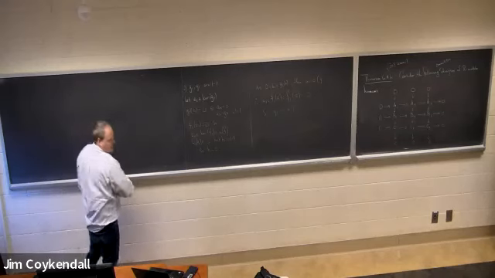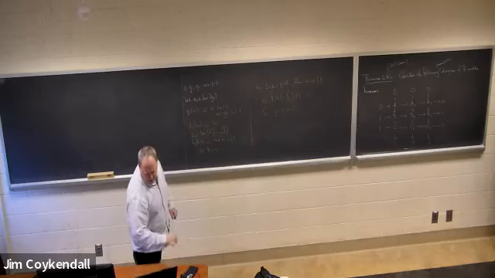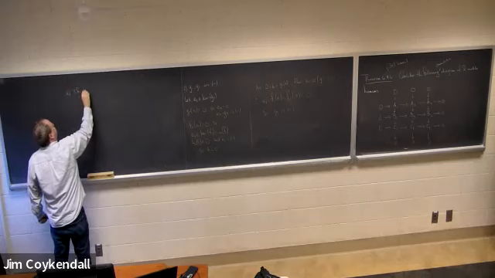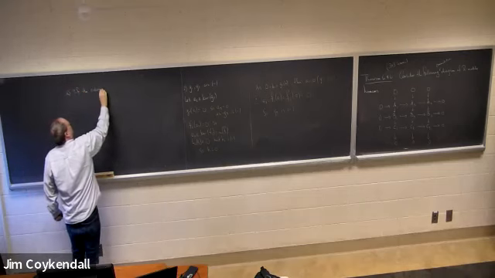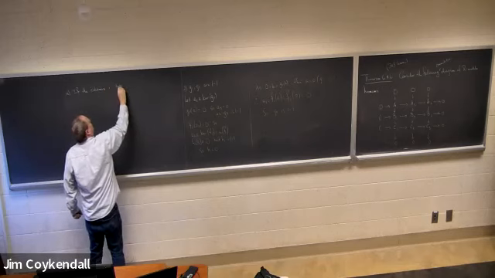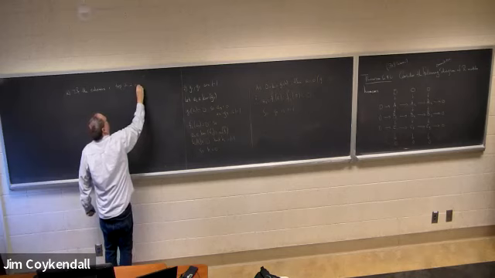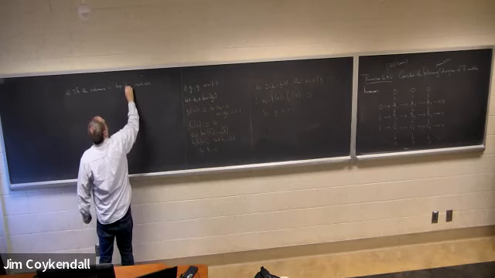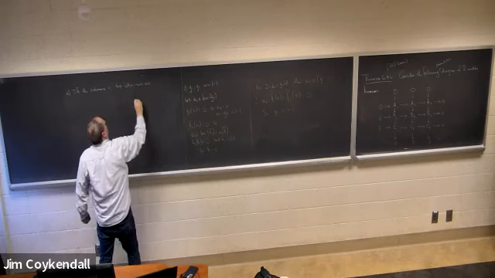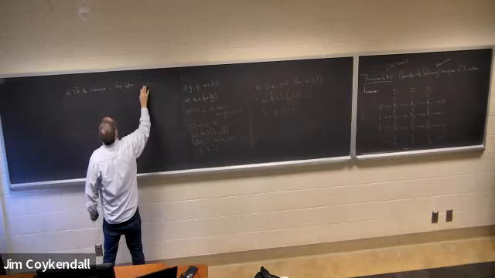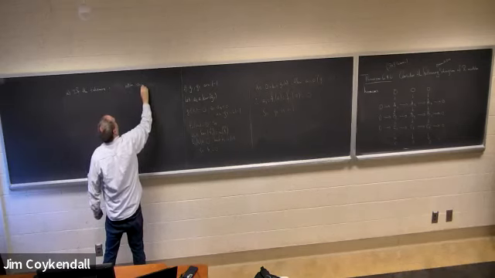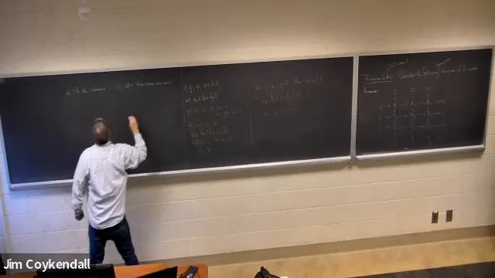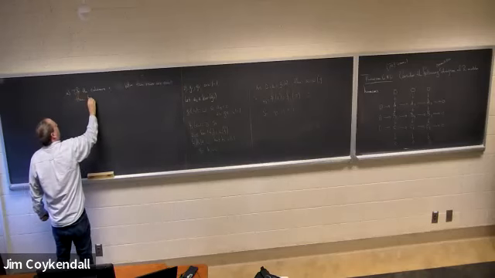It says if the columns and the bottom 2 rows are exact, then the top row is exact.